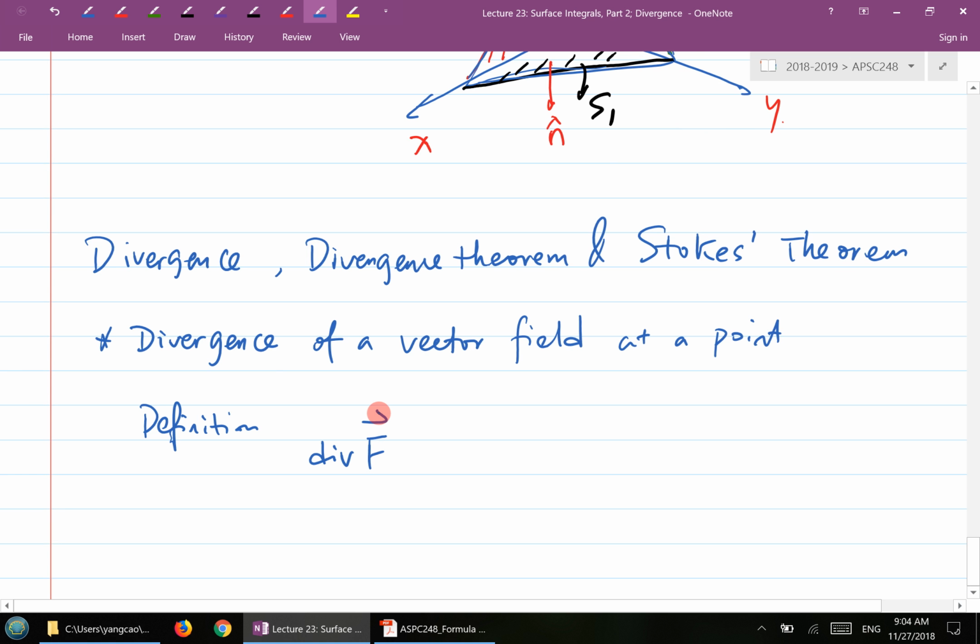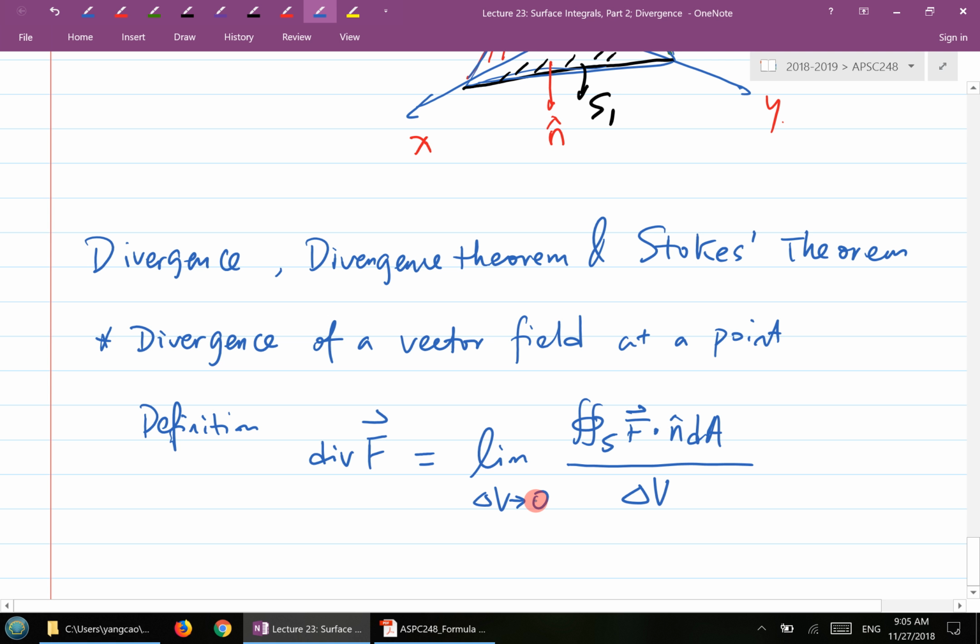It's written as div F. So basically the divergence of this vector field F is equal to its limit. First, we will calculate a flux. The top one here is the flux, and the bottom here is the volume, the small volume enclosed by this S here, and then let the delta V go to 0. That's the definition for divergence.